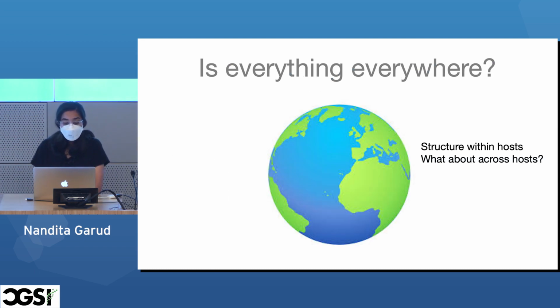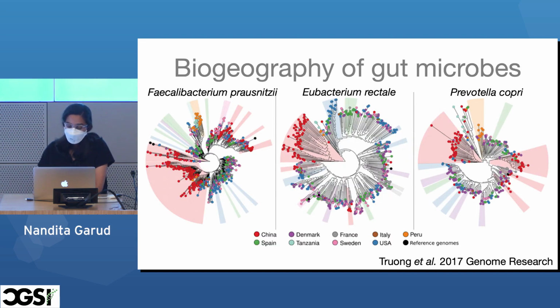So is everything everywhere? Well, it could be that, okay, it's not quite everywhere, but could it be that the strains that are circulating in North America happen to also be in Asia? And it's just that our own profiles happen to be unique. Well, we can look at the biogeography of gut microbes. This is a paper by Truong et al.